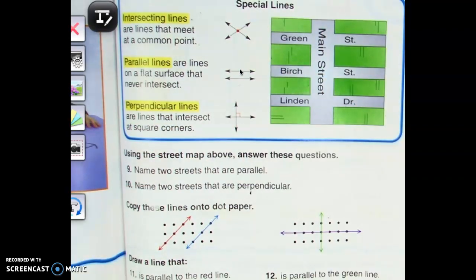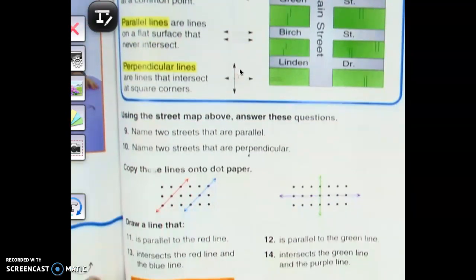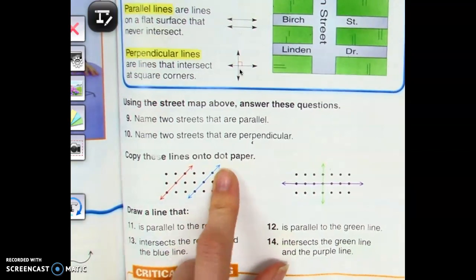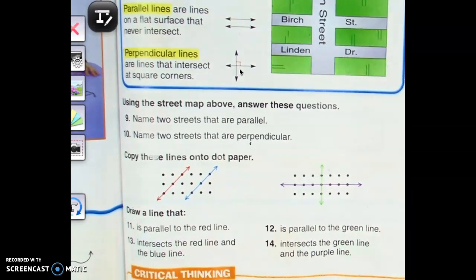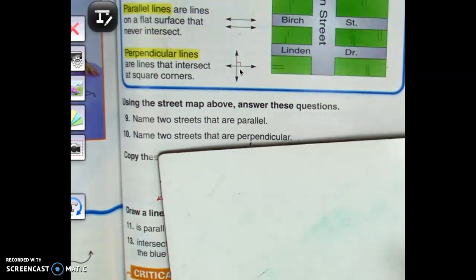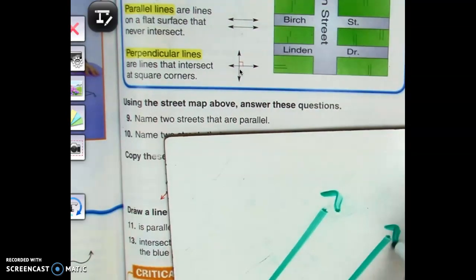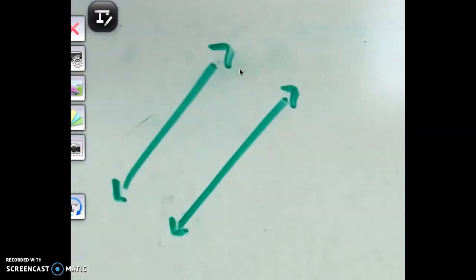And then number 11, copy these lines onto dot paper. If you don't have dot paper, you can just use your graph paper, and if you want to put dots on it, you can, but it's okay. Just draw the 2 lines here on your piece of paper.